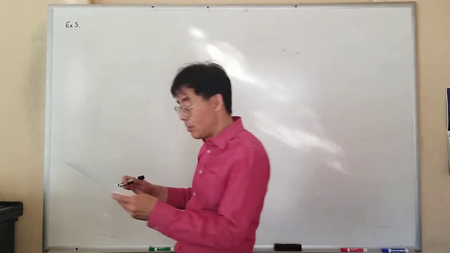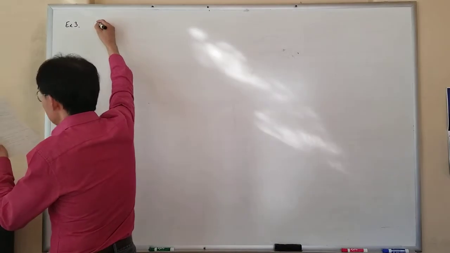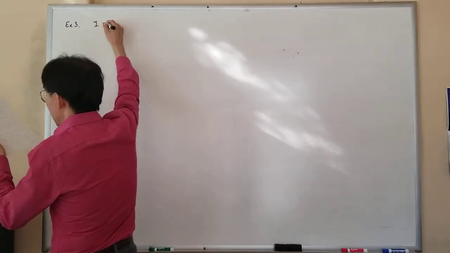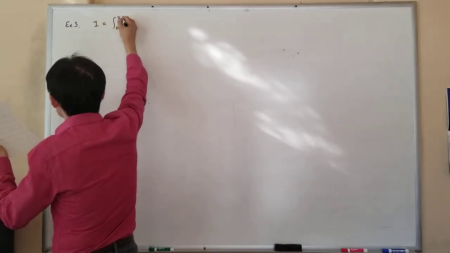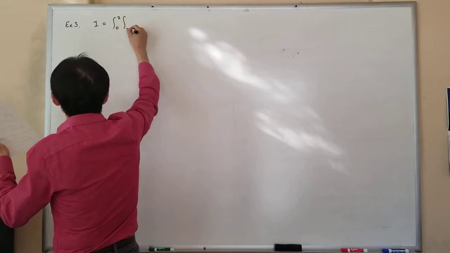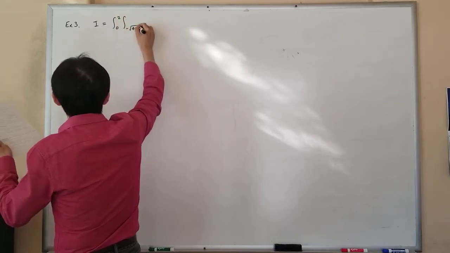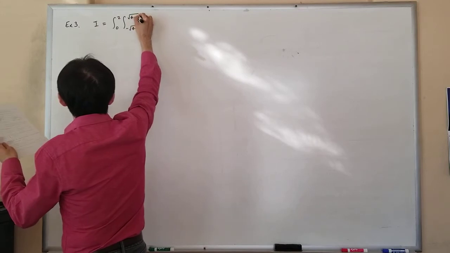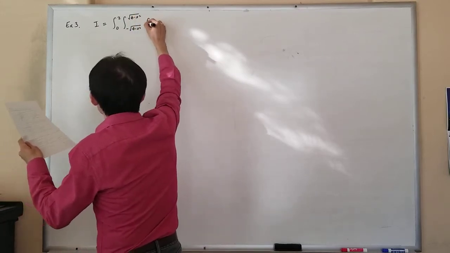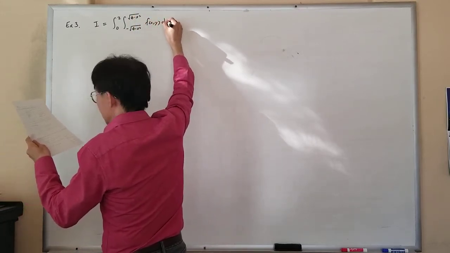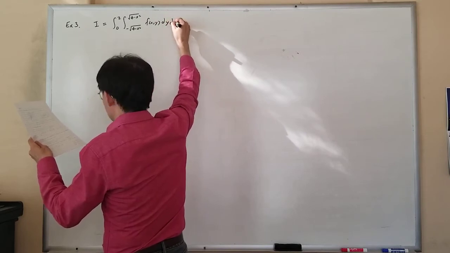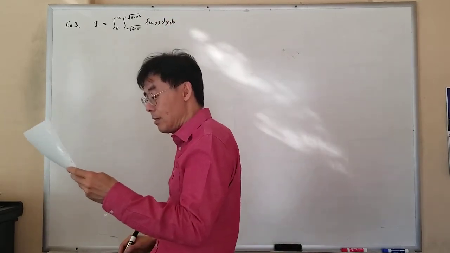So the given integral, I'm going to call it I, is from 0 to 2, from negative square root of 4 minus x squared to positive square root of 4 minus x squared, f of x, y dy dx.